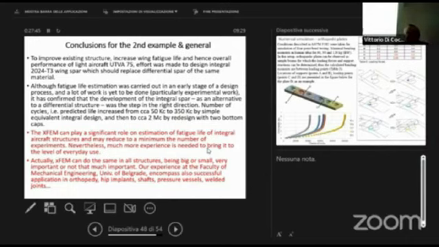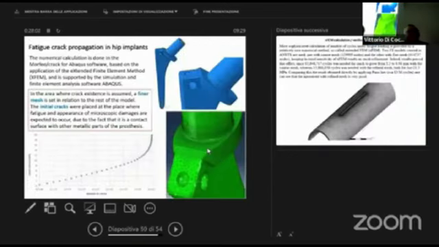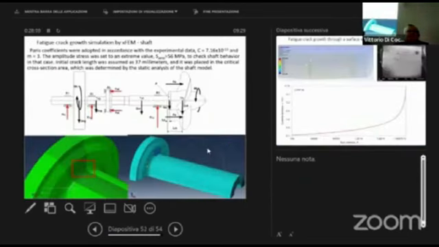So we are not limited by geometry or type of structure, and I will just briefly run through a couple of different examples that we also simulated. These are orthopedic plates. This is an artificial hip implant. This is a pressure vessel with an axial crack. This is a shaft in a hydropower plant.